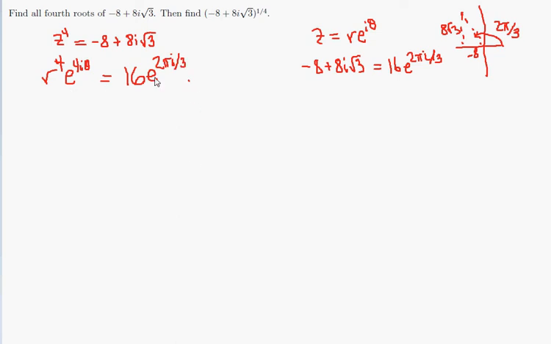Okay, so these two complex numbers must be equal. The way that happens is if the moduli are equal, so r to the fourth must be equal to 16, where r is positive, and the angles have to be coterminal, so that 4 theta is equal to 2 pi over 3 plus 2 pi n.